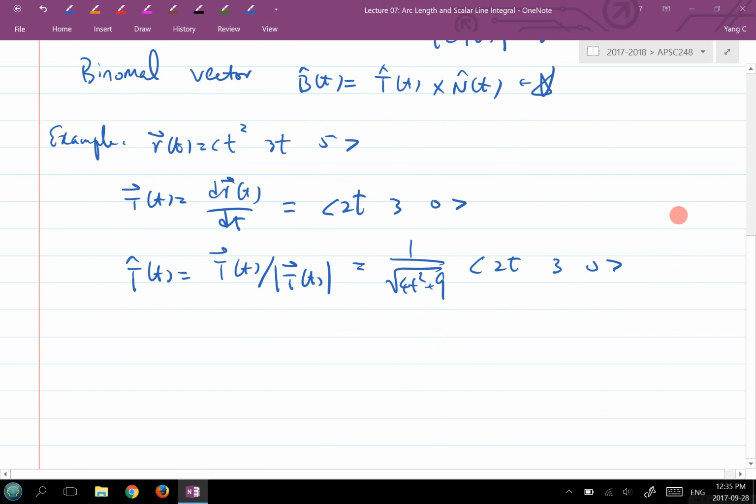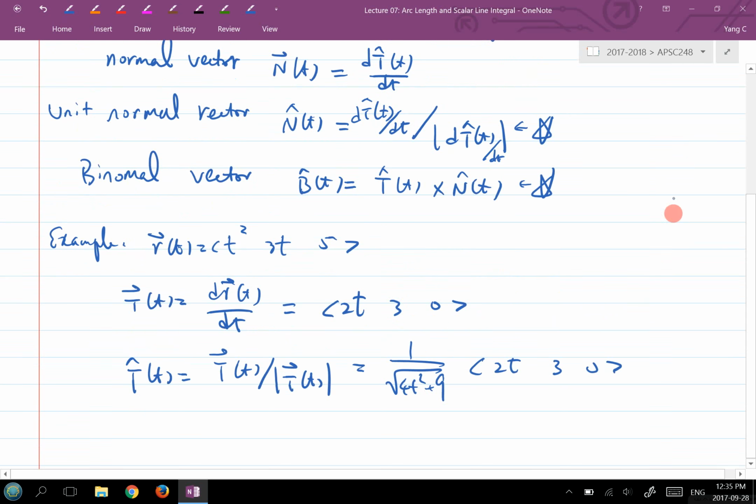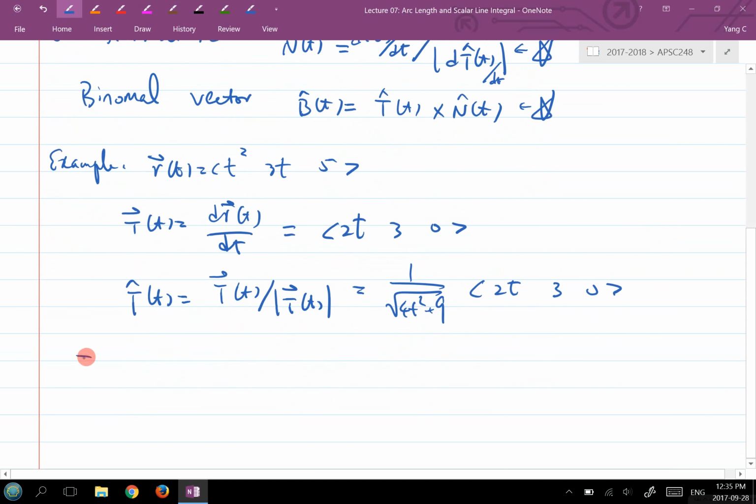In order to get the unit normal vector, we have to calculate the derivative with respect to t here, right? We have to calculate the derivative of the unit tangent vector first. That's basically where we left off in the previous lecture.